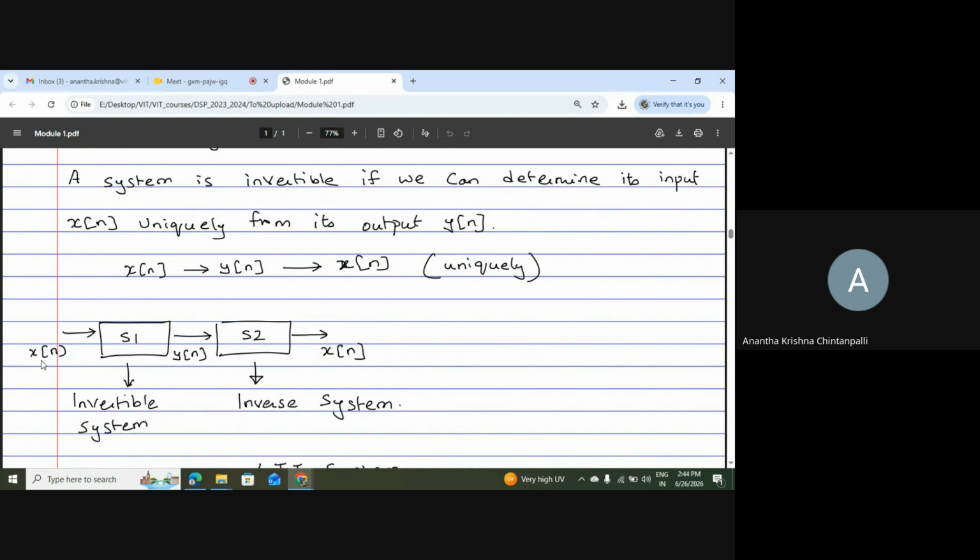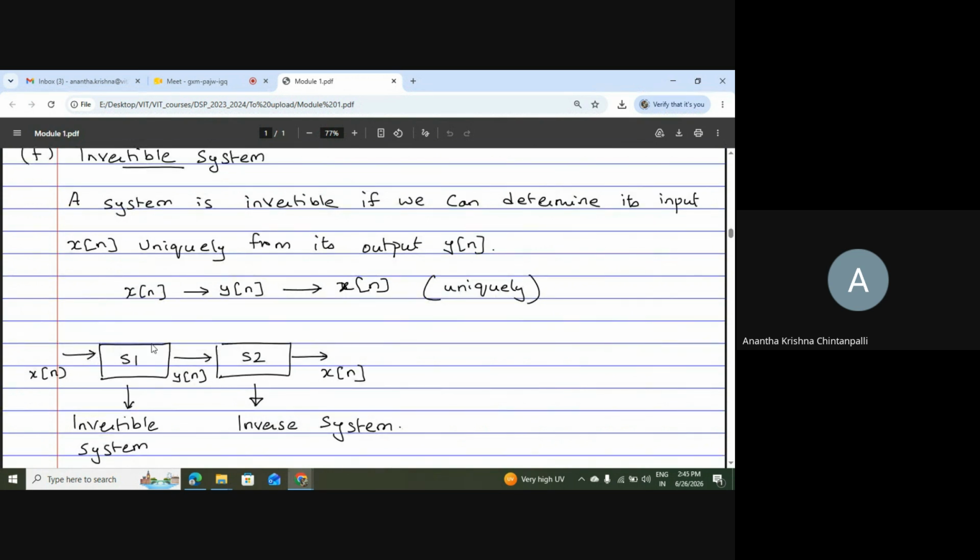That means x of n passes through one system and you get y of n, then you take y of n and pass it through another system, and you should get x of n back. If that happens, then S1 is called an invertible system, and S2 is called an inverse system.